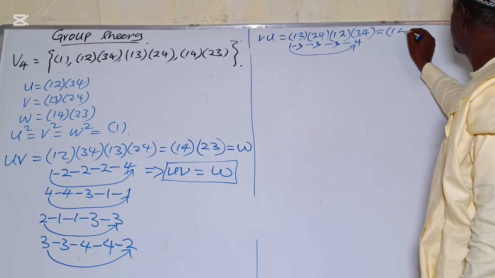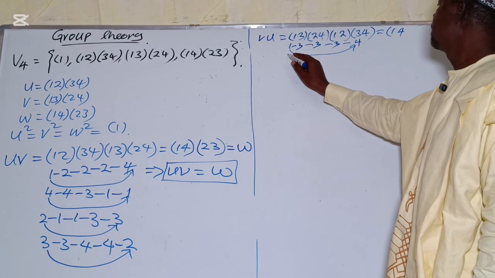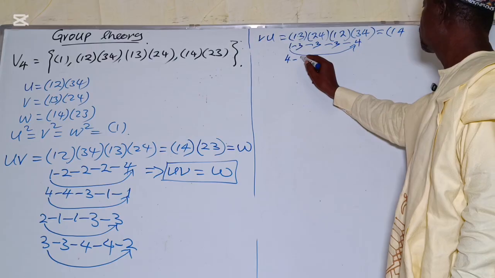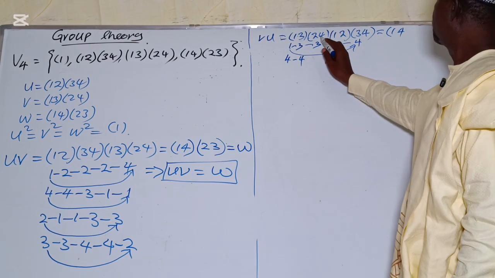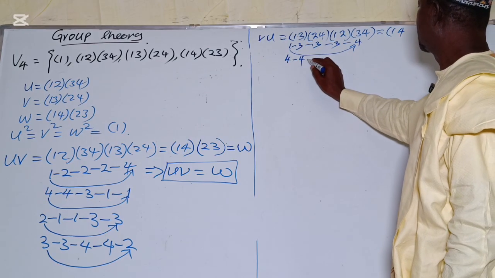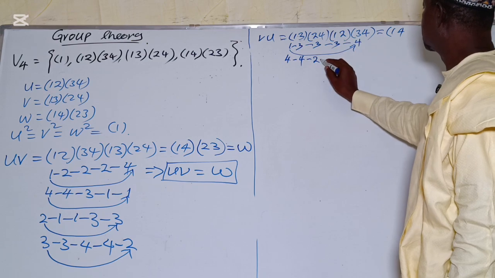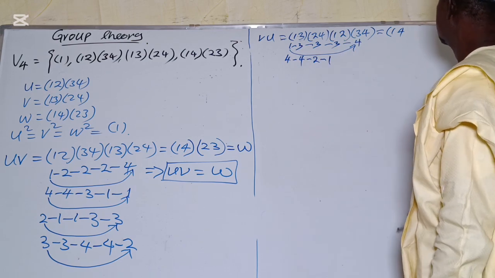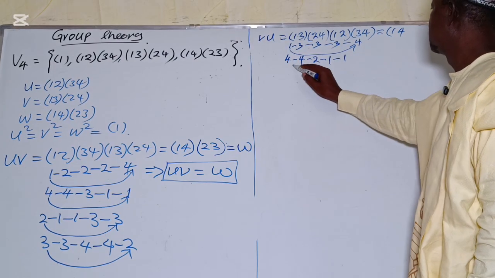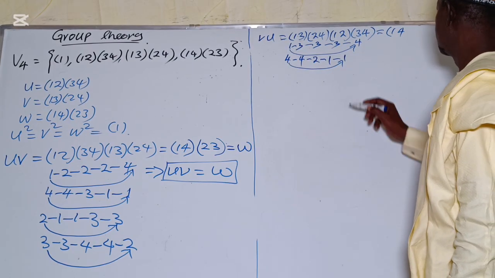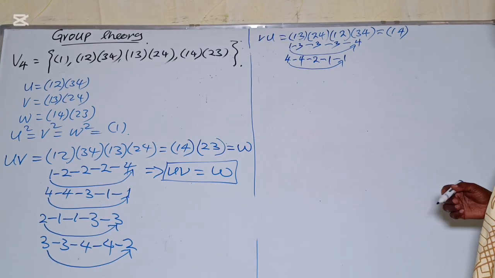Now 4 is mapped onto itself in the first cycle because 4 is fixed, but 4 is mapped onto 2 in the second cycle. 2 is mapped onto 1 in the third cycle, and 1 is fixed in the fourth cycle. So ultimately 4 maps to 1. So 1 to 4, 4 to 1, and I will close this. This becomes a transposition.